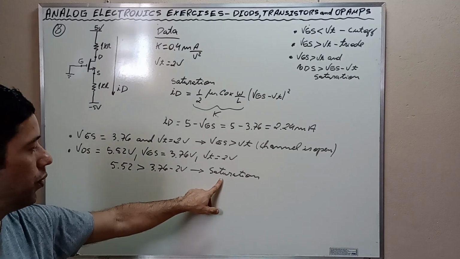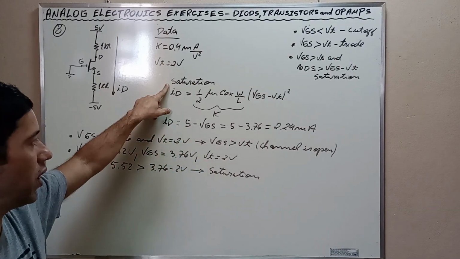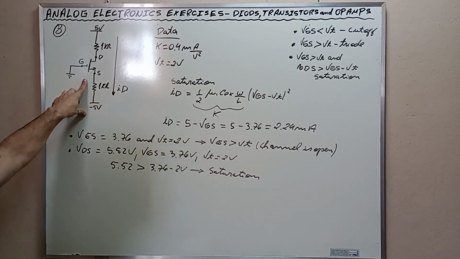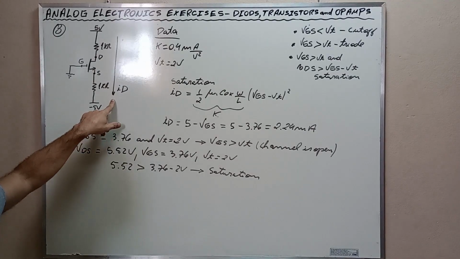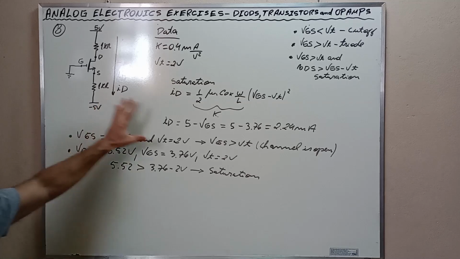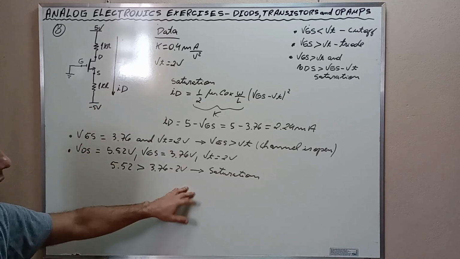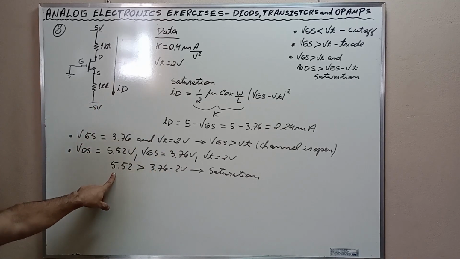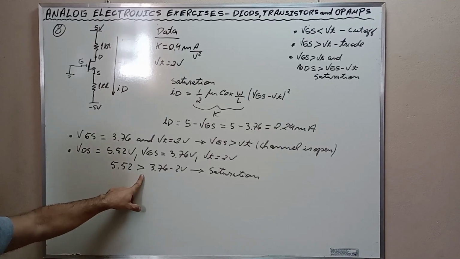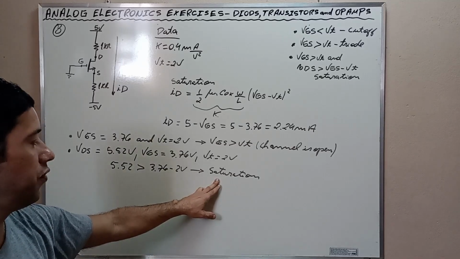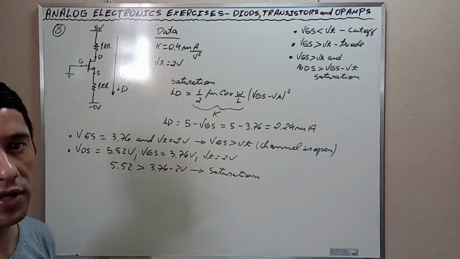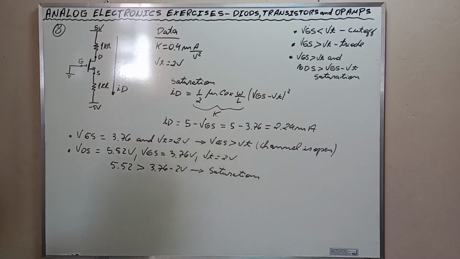We firstly assumed that the MOSFET was operating in saturation. It could have been operating in triode, okay? If the device had been operating in triode, we would need to calculate it all again, but as we understood that VDS is greater than VGS minus VT, it is verified that it is indeed saturation rather than triode.